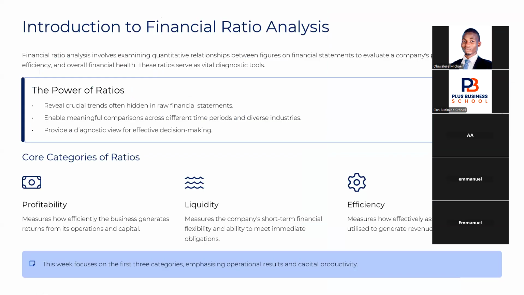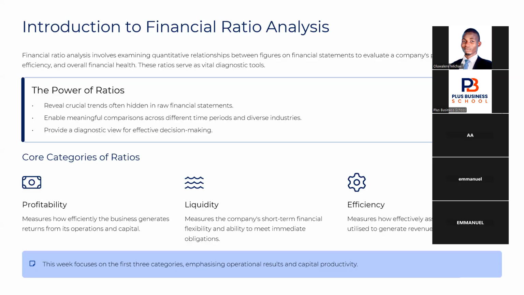Yes. So, introduction to financial ratio. When we're talking about financial ratios, ratio, as the name implies, means you are combining different things mathematically. Ratio analysis involves examining quantitative relationships.